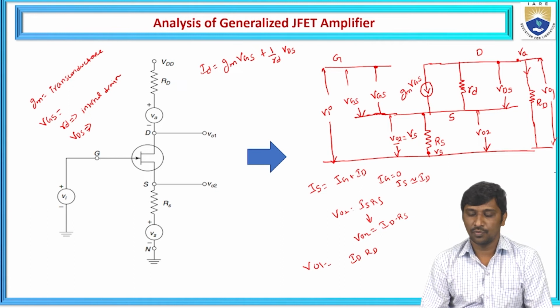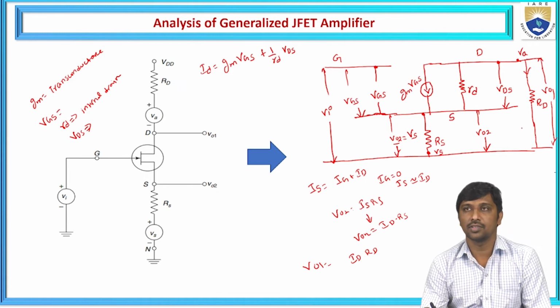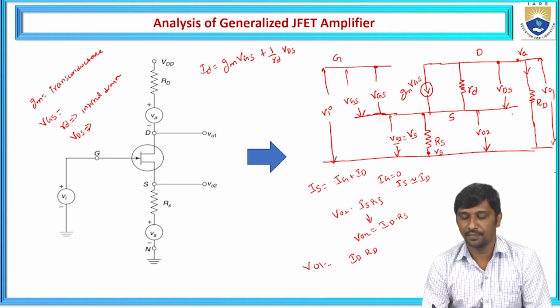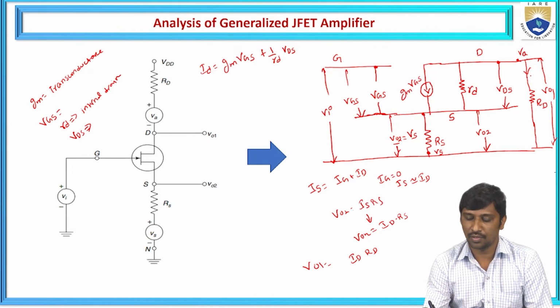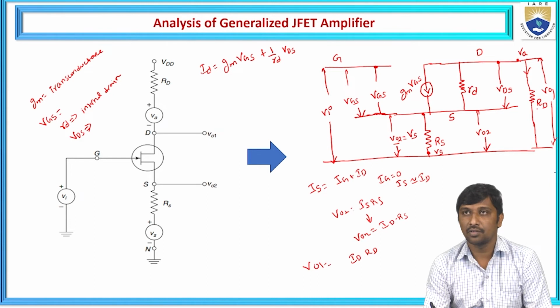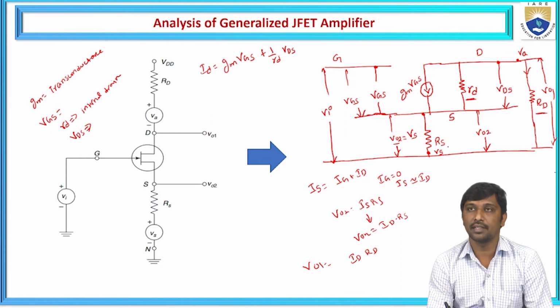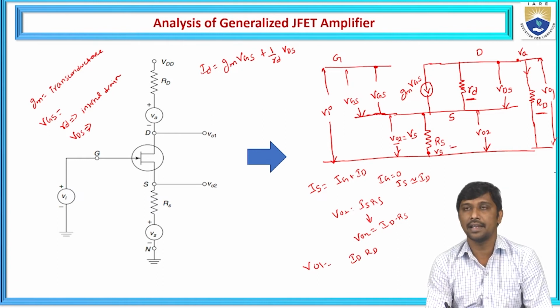Hence, if we apply KVL across this output side, we need to write down the voltage drop across capital RD, the voltage drop across small rd, and the voltage drop across RS, and that is equal to 0.